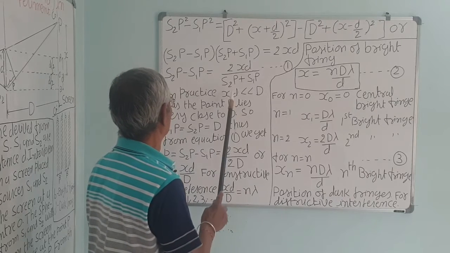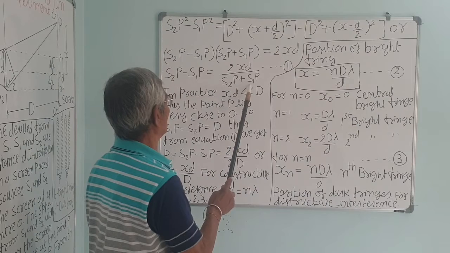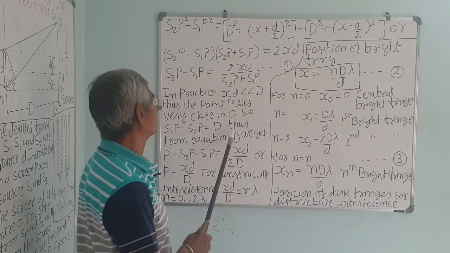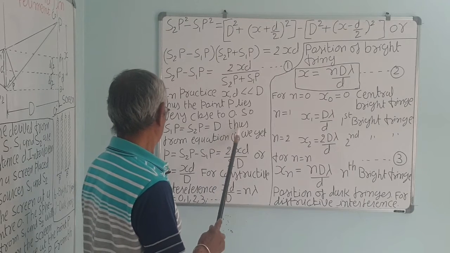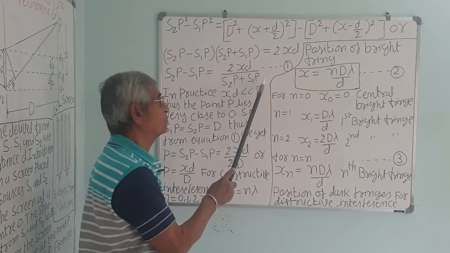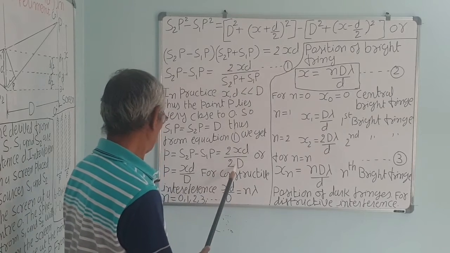So we can write S2P is equal to S1P, equal to D. So 2xd upon 2D.